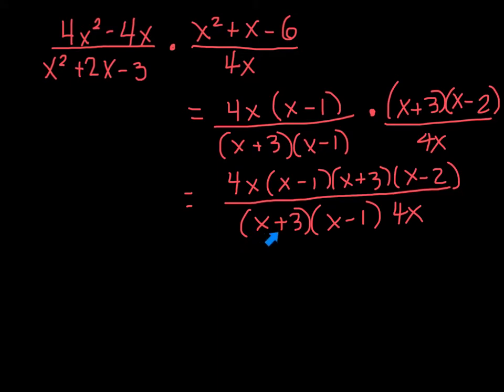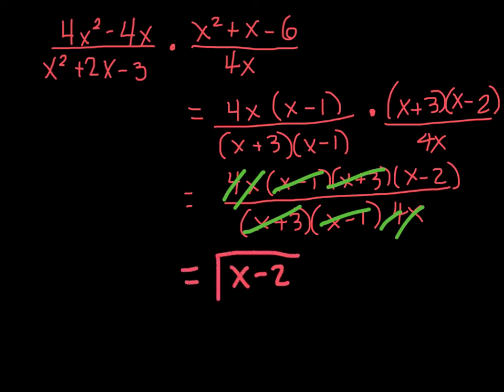This is a factor, factor, factor, factor. I can cross off common factors: a common factor of 4, of x, of x minus 1, and of x plus 3. So my final answer here is going to be x minus 2. That is the simplified version.